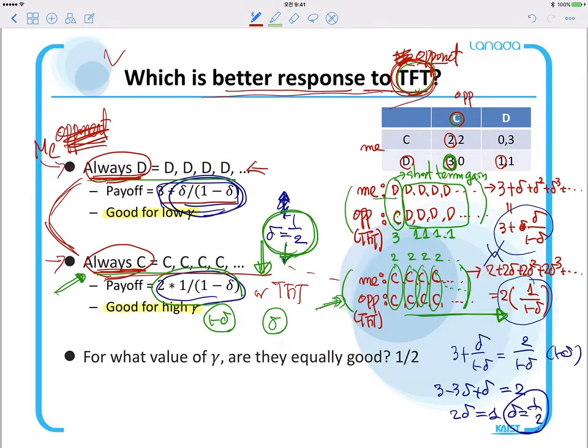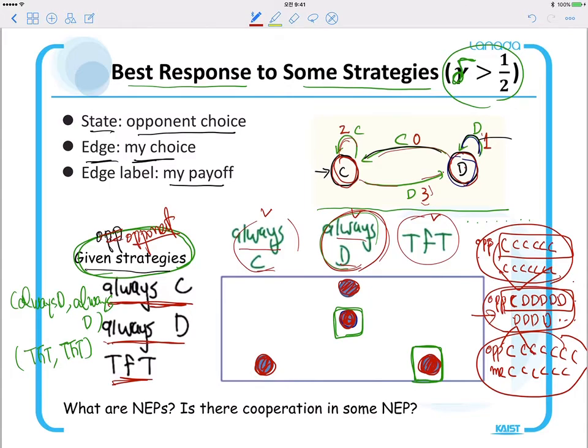Whether I deterministically play always C or T for 10, either of these is a better response. I'm repeating that. My opponent plays T for 10, and I'm also playing T for 10, whose outcome is always cooperate.